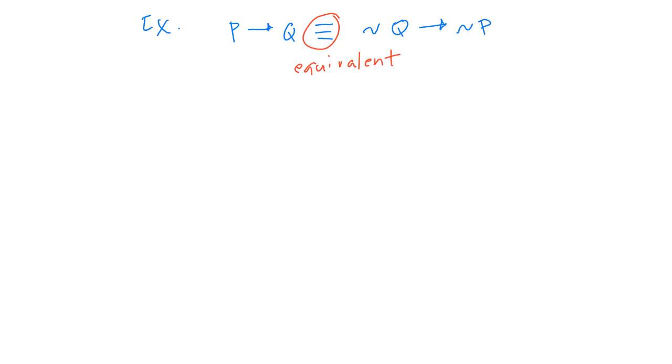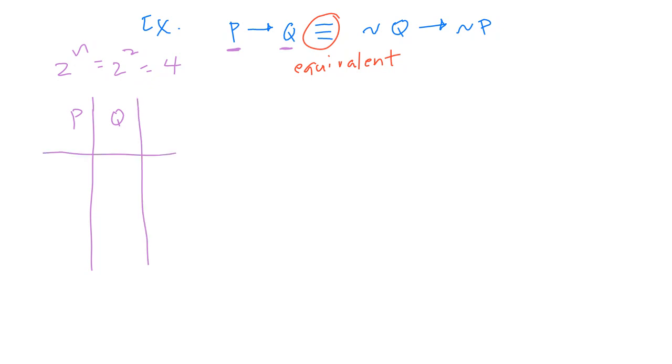So looking at this, you have P and Q. It means you have the formula 2 to the power of n. So 2 to the power of 2, you'll get 4 possible combinations. So let's make that P, Q, and then we need to have 4 rows: 1, 2, 3, 4.